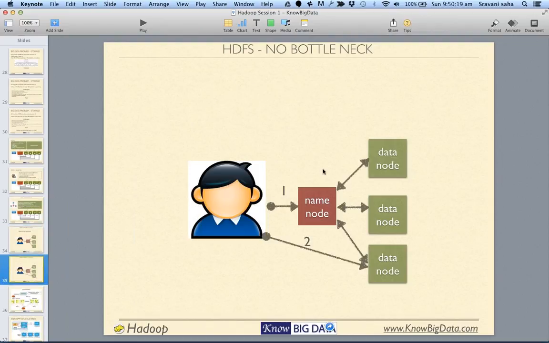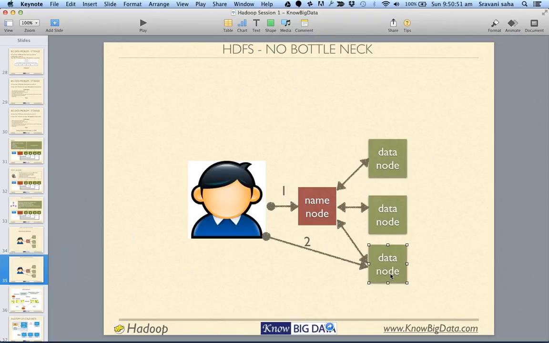The user queries the name node and says, hey, I'm looking for this file. Instead of taking the load onto itself, talking to this data node and that data node, reading the data and giving it back to the user, the name node basically tells the user, you go to this particular data node all by yourself, talk to that data node, and then come back.